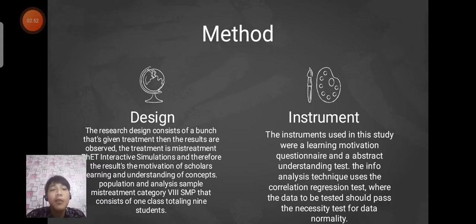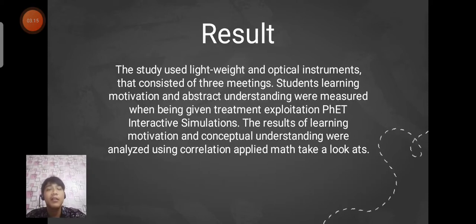The instruments used in this study are a learning motivation questionnaire and a conceptual understanding test. The data analysis technique used the correlation regression test, where the data to be tested shall pass the necessary test for data normality.